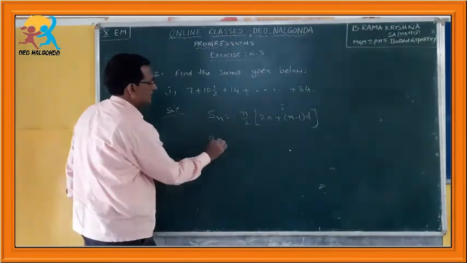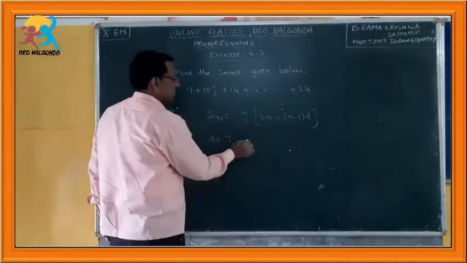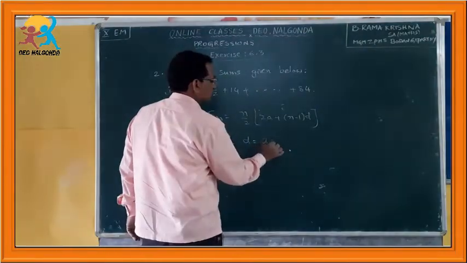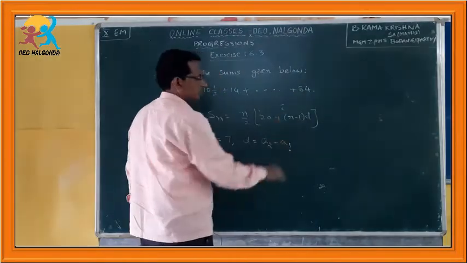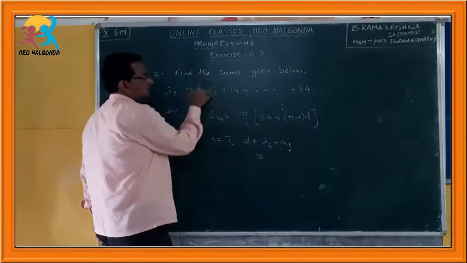So, what did he give you? A. A is equal to 7. He also gave you D, which means you can calculate D. D is equal to A2 minus A1. What is A2? 10 1 by 2. This is a mixed fraction.